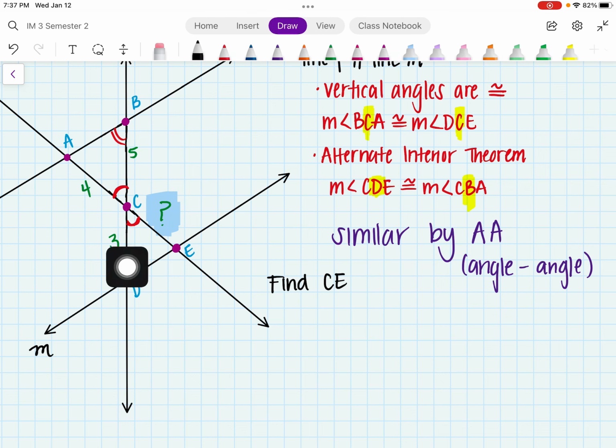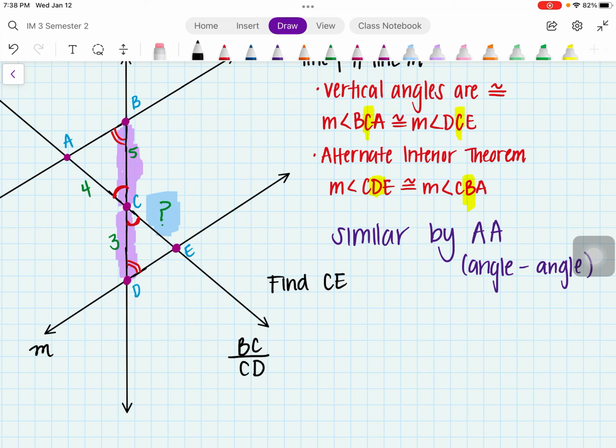There's 2 ways you can do it. You can build proportions by same angles or by corresponding sides. I usually like to do it with corresponding sides, but there's different ways you can do it. So in this case, I want to get started with side BC, which is corresponding to CD.